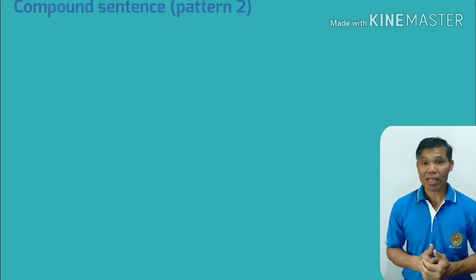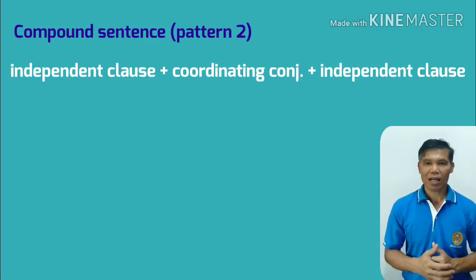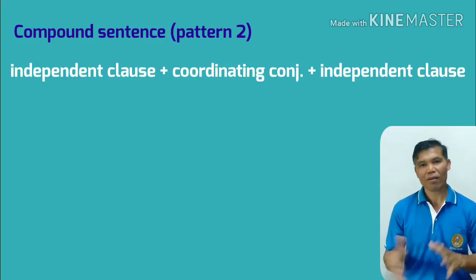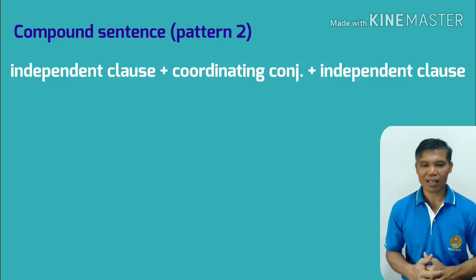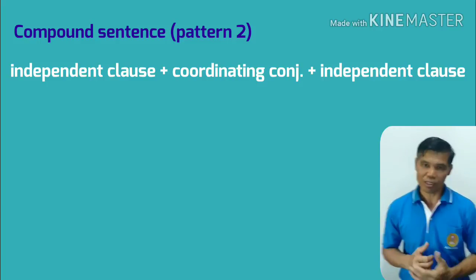Now, we move to the next pattern of compound sentence. So, compound sentence pattern number 2. The structure goes like this. We need an independent clause plus a coordinating conjunction plus an independent clause. Very similar to the first pattern, but the only difference is we need a conjunction.